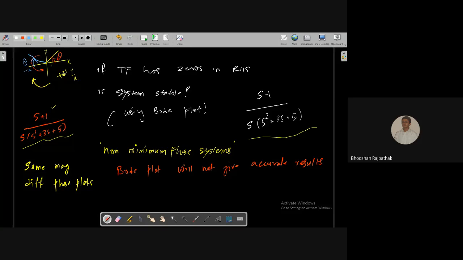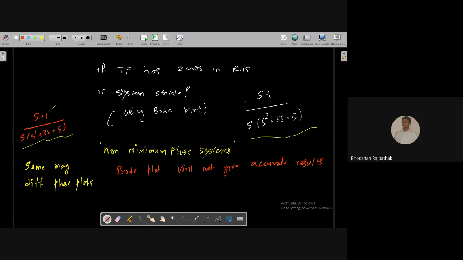So you need to measure angle in this case like this. You cannot measure this negative angle. You have to measure this angle. This angle will be called 180 minus theta, and then you have to take tan inverse of that. So this 180 minus theta thing will change the angle contribution when our zeros and poles are in RHS, and that is why you should remember this thing.